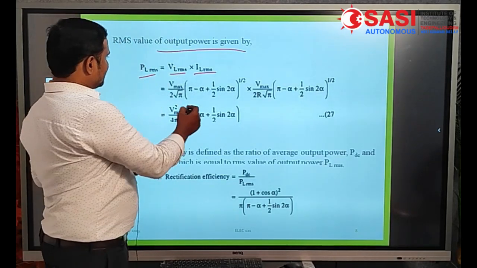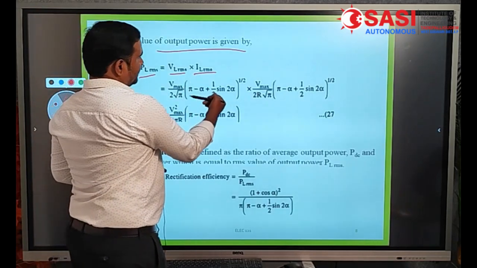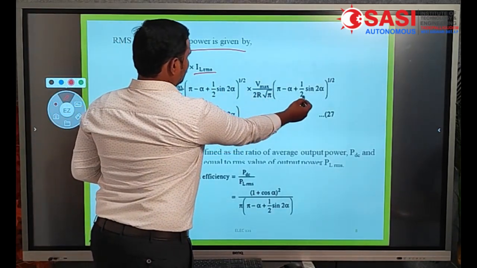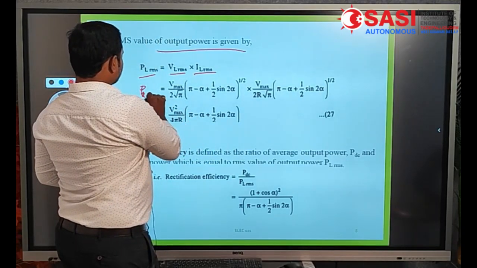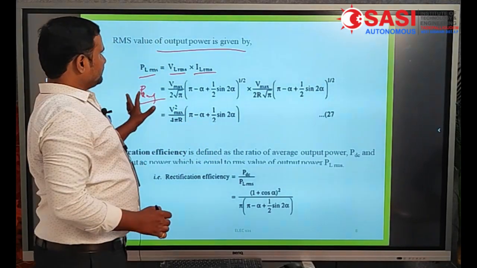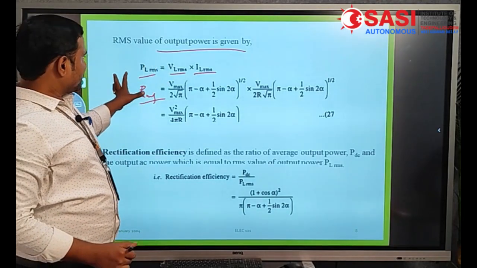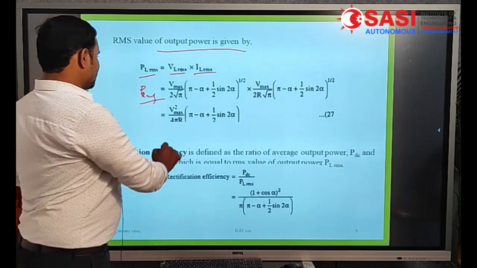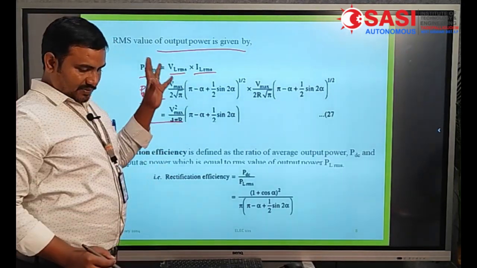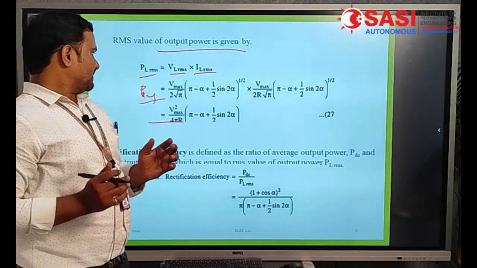Multiplying these two, load voltage and load current in terms of RMS, we will get the PRMS. So the power component available at the load can be taken in this way. So this is about calculating the power output at the load.